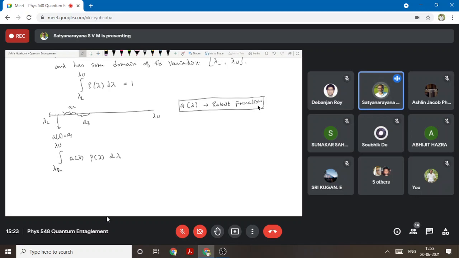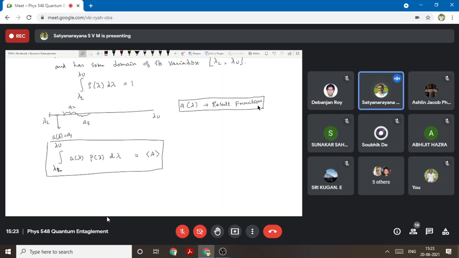This will be the average value for different values of lambda distributed according to this. Now this has to be equal to the expectation value of A from quantum mechanics. So this is the requirement.